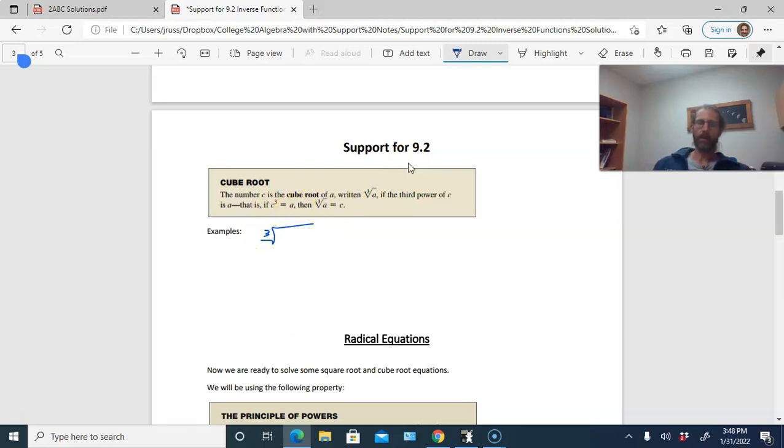Alright, so let's think about one. The cube root of 8. See if we can figure out this. Well, that would be a number that when we raise it to the third power, we get 8. Well, you could try this in your calculator.